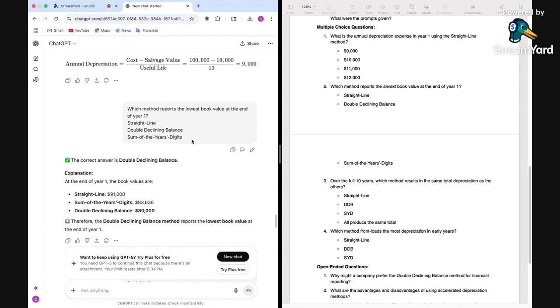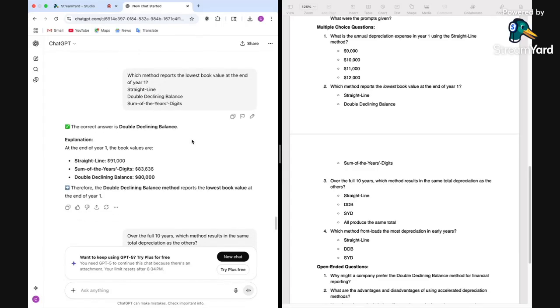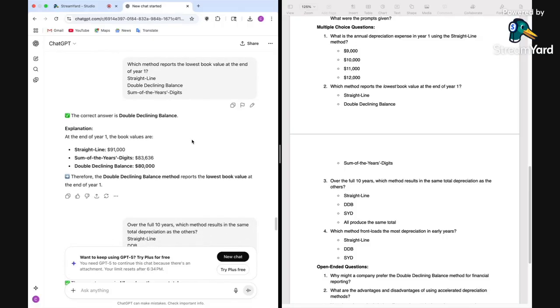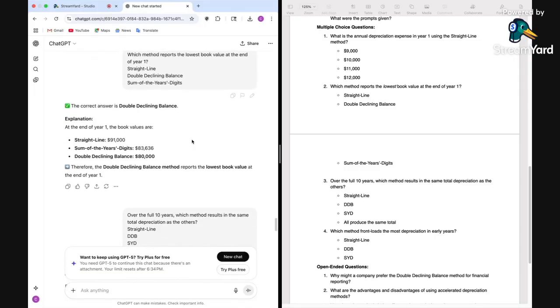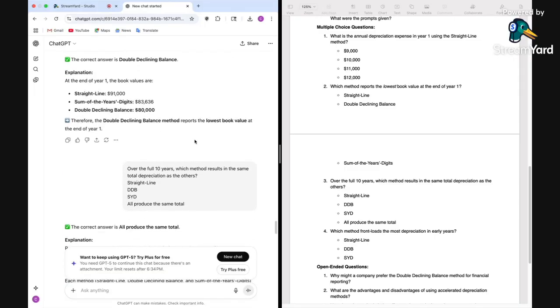The next question, which method reports the lowest book value at the end of year 1? It's obviously double declining balance if you've taken accounting classes. But if you didn't know, it gives you an explanation, and then it also lays out all the different values.